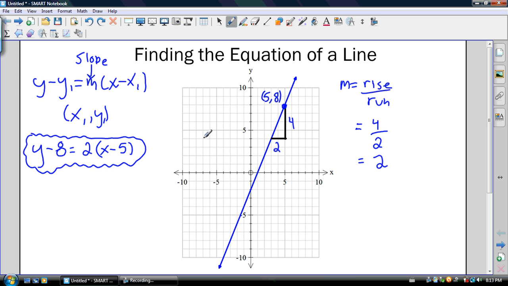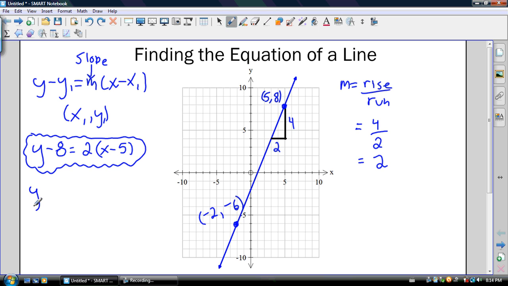Let's choose a negative point and see how it changes our line. There's a good point right here. That looks like -2 and -6. I'm going to sub these in for x1 and y1.